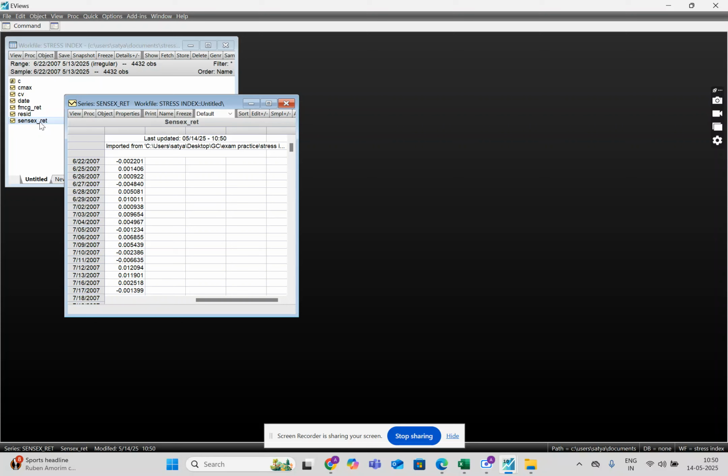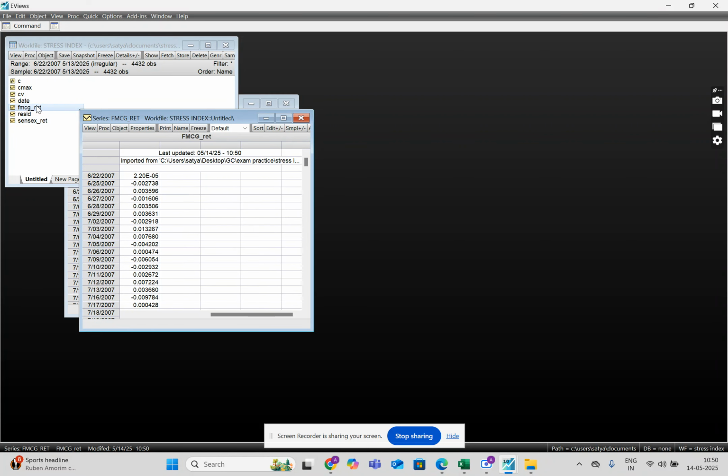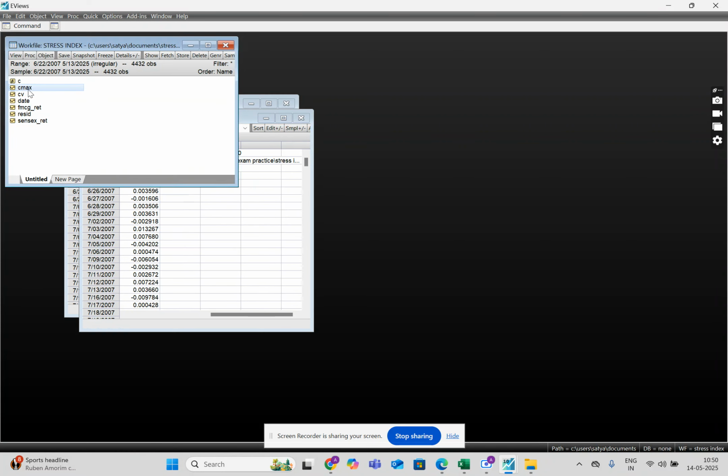So here we have Sensex return from 2007. We have FMCG return from 2007, and also we have Cmax.